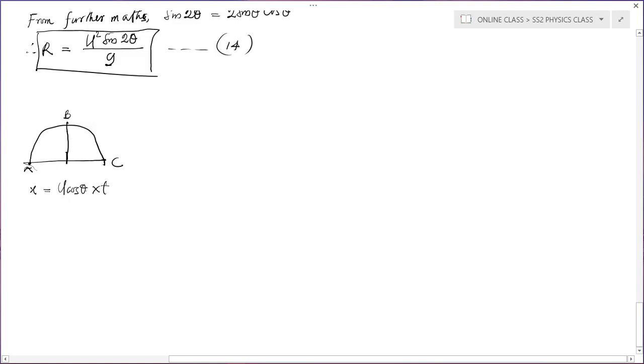It will be small letter t now because it is half flight. You understand? So we have half of what we have up there. At times people write ux times t, or we write half of R. Anyhow we write it, we're still in line.